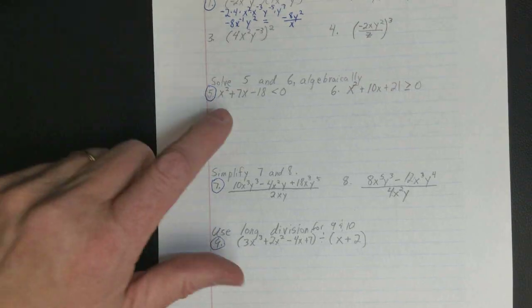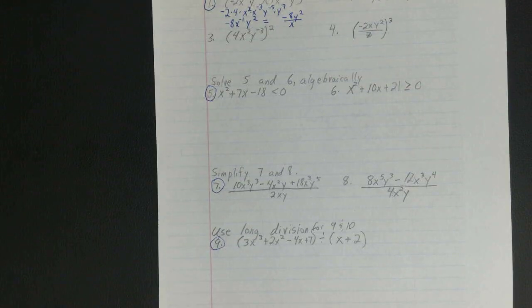Okay. Now, we're going to solve x squared plus 7x minus 18 is less than 0.